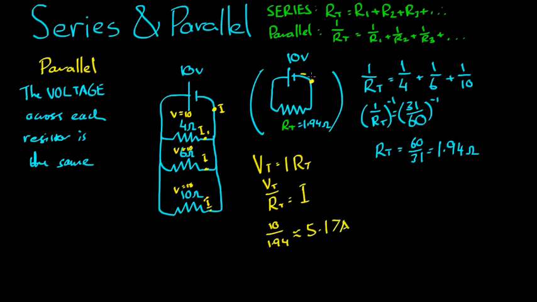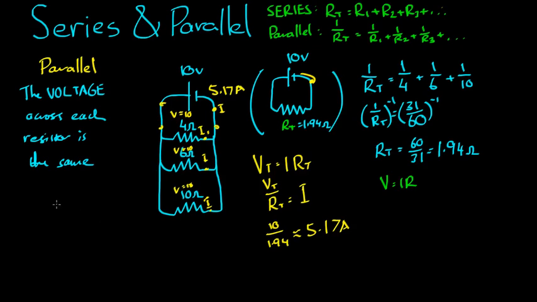So there's 5.17 amps leaving the battery, and that must mean on this shoulder, and this shoulder here and here, but I can't take the measurement here yet, there must also be 5.17 amps. Let's find out how many amps are going through this resistor here. Like I said, Ohm's law, V equals IR, can be applied to any individual component as well as the whole circuit.